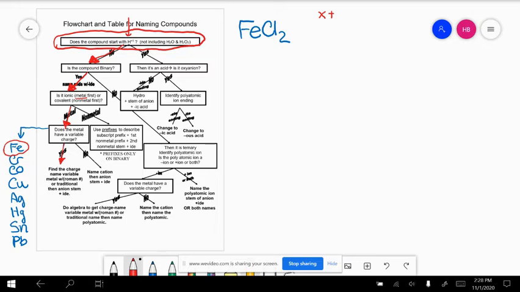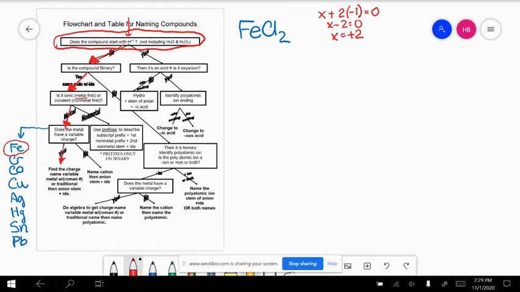We don't know which one it is right now. We do know that it's attached to 2 chlorides that have a charge of -1. And it is a compound, so it adds up to 0. So X is +2. That means the charge on iron in this compound is +2.